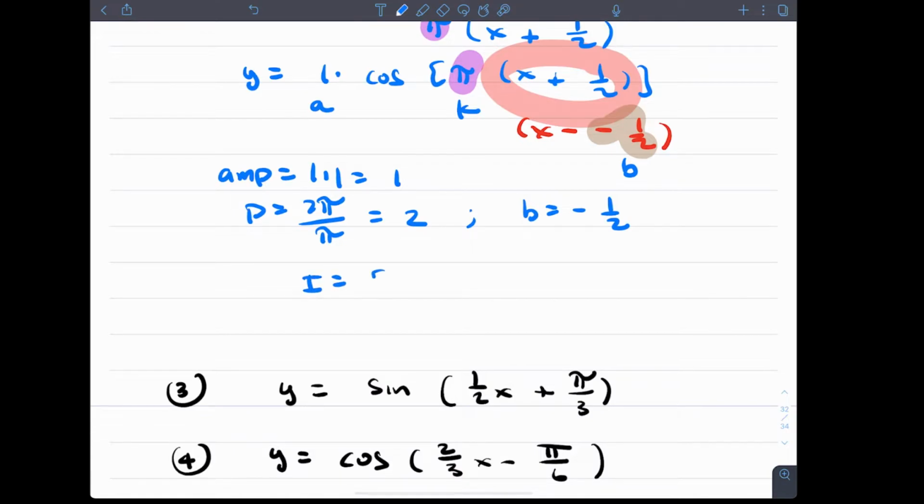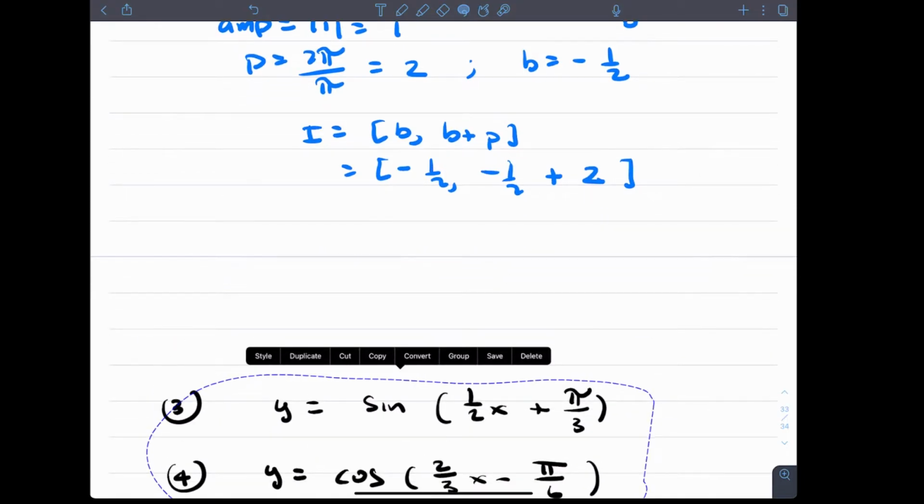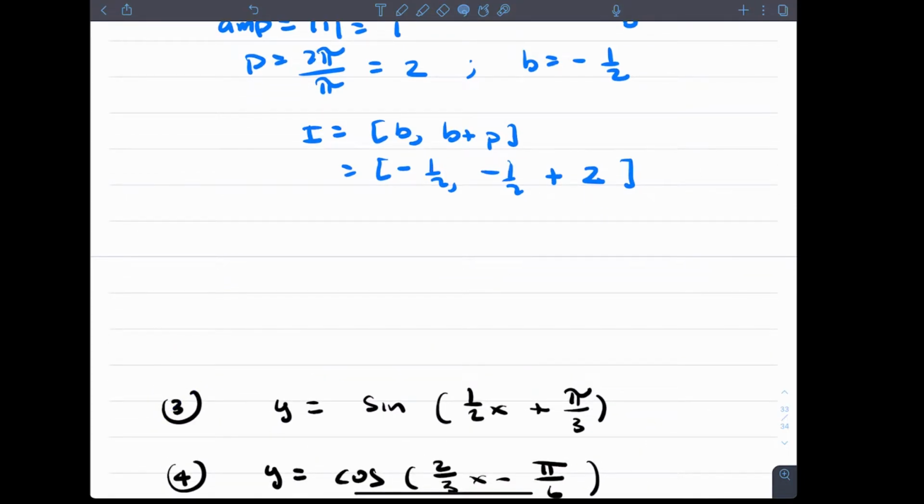Interval of 1 cycle, b plus p. So this is negative 1/2. Negative 1/2 plus, what's the period? 2, yes. So if you guys remember too, again, some of the things that I gave you on that worksheet, and I might even do the solutions there, right? The arithmetic.